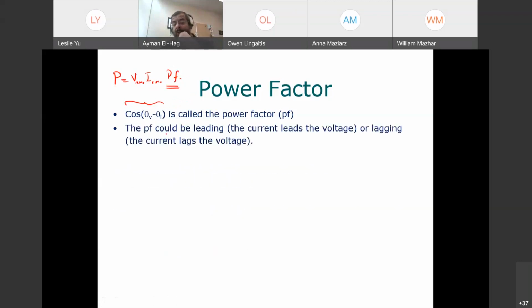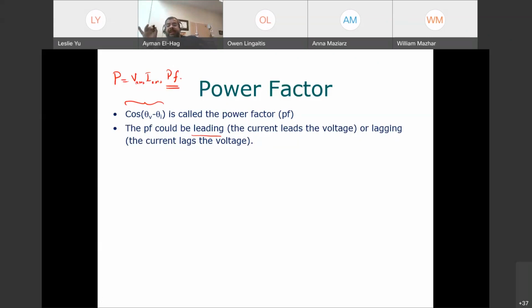Now, the power factor could be leading if the current leads the voltage, or lagging if the current lags the voltage. We mentioned before in the previous set of notes, and please go and refer to this, we have three different types of load: inductive, capacitive, or resistive, pure resistance.